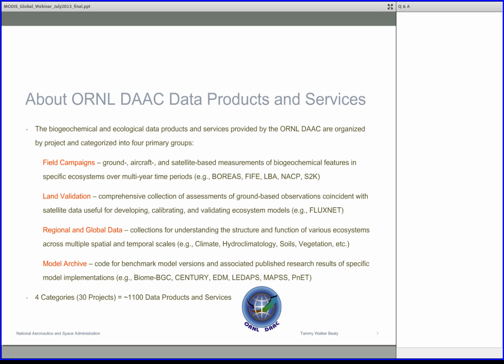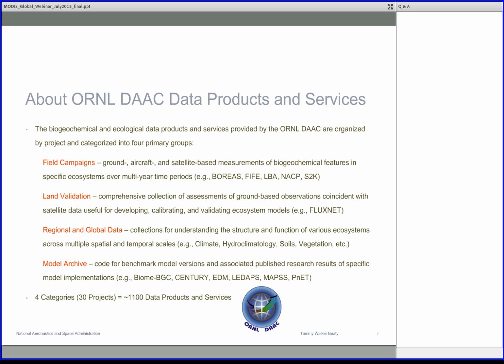Our regional and global data collections are for understanding the structure and function of various ecosystems across multiple spatial and temporal scales. Examples of that would be soils or vegetation. And our model archive has a couple of different tiers. One of those tiers encompasses code from benchmark model versions.